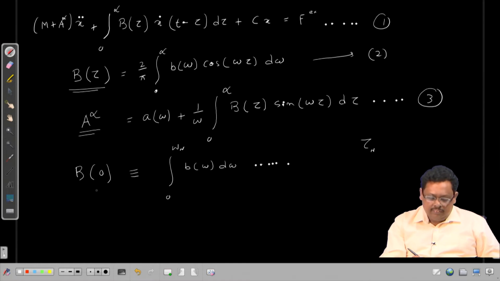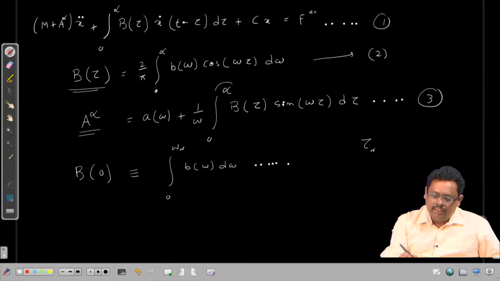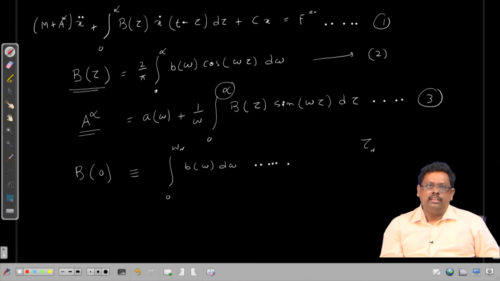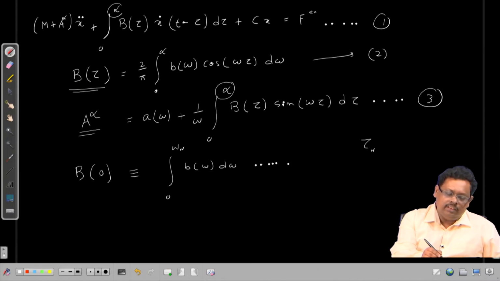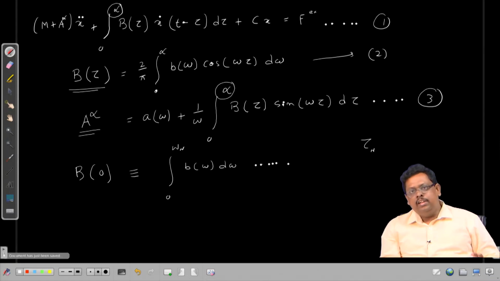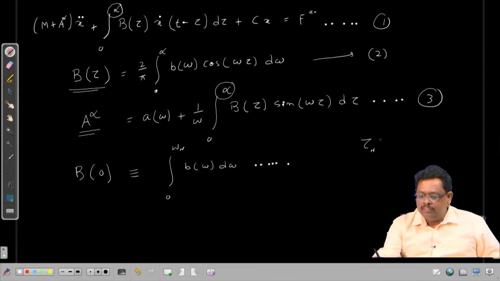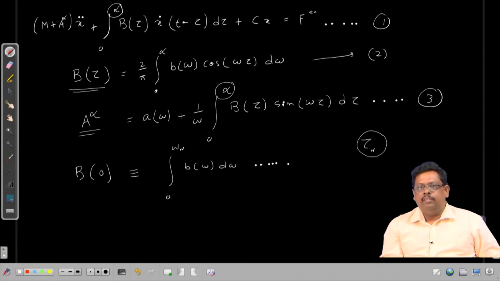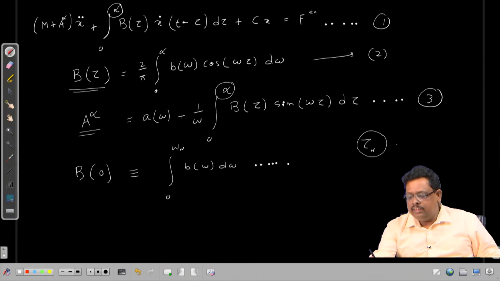So, even if this integration limit is infinity here, and also in this equation the integration limit is infinity, it should be some finite value tau n, which could be some integer multiplied by the delta tau.